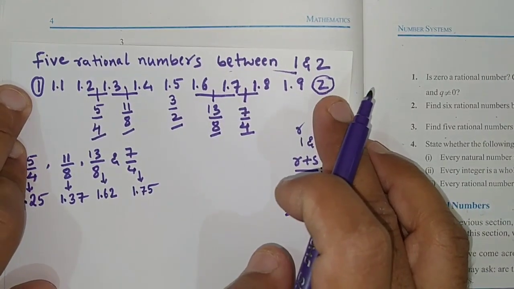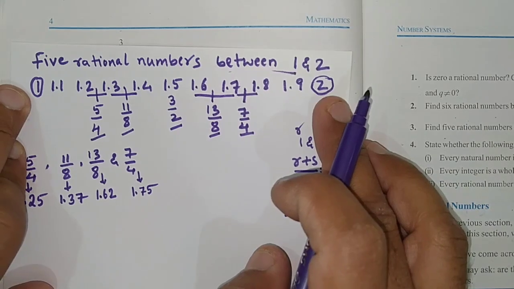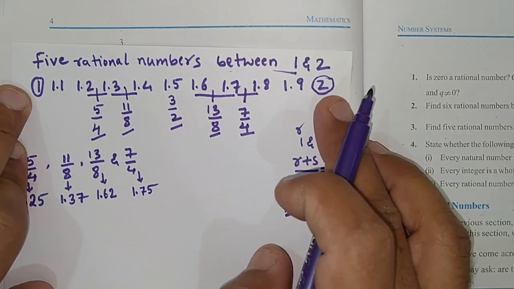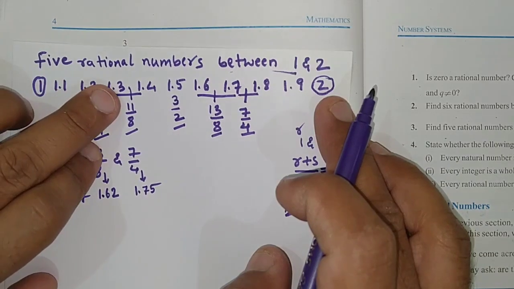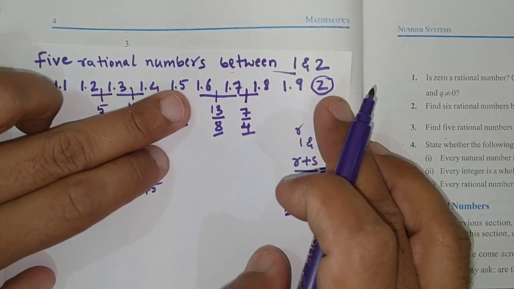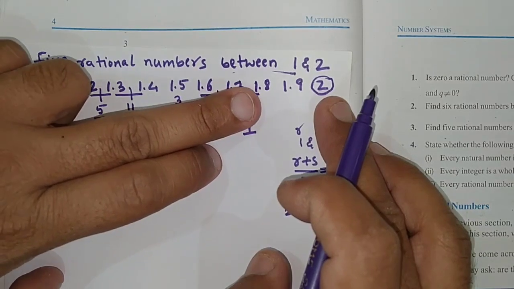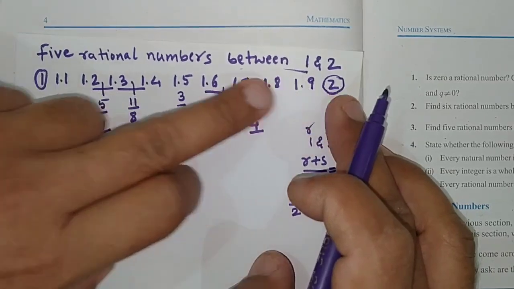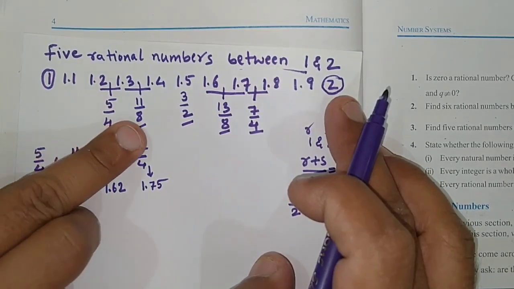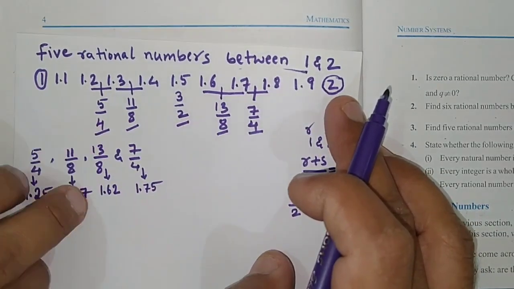Between 1 and 2 you will also find numbers like 1.1, 1.2, up to 1.9, then 2. So in this you will get 5 rational numbers.